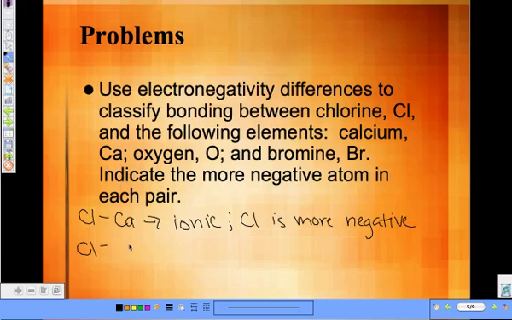Chlorine and oxygen. Chlorine's 3, oxygen is 3.5. Polar covalent. And oxygen is more negative.